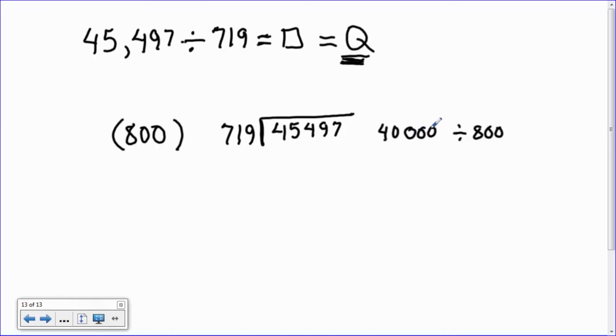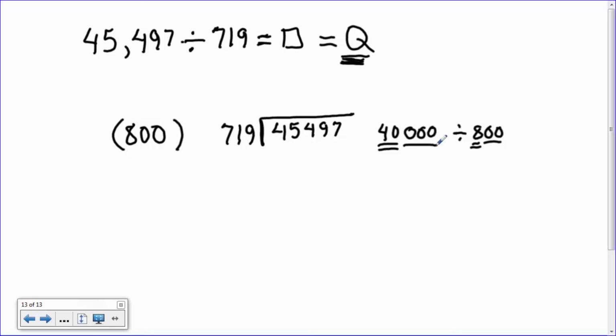Now, why do you think I think 40,000 is a good number? Because I can divide 8 easily into 40, and I can divide 100 easily into 1,000. Remember, that's one of the earlier strategies we talked about.